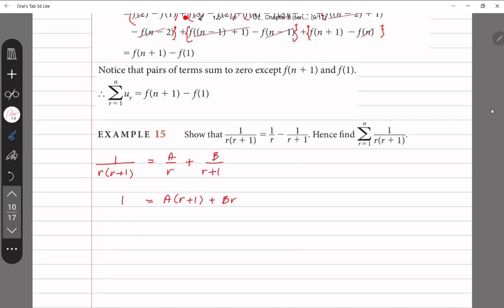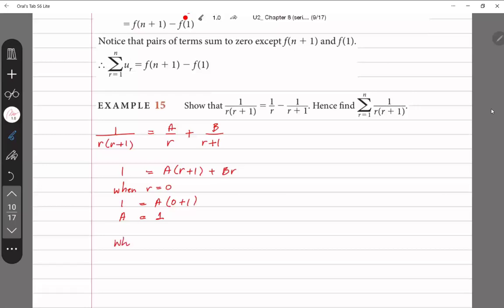When r is equal to 0, we have 1 is equal to a, and b times 0 would have gone, so a is equal to 1. When r is equal to minus 1, the a term is gone and I have b times minus 1, so b is equal to minus 1.